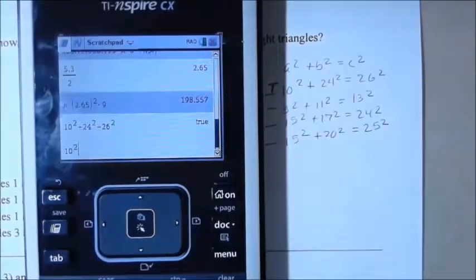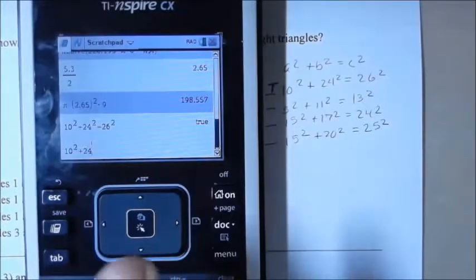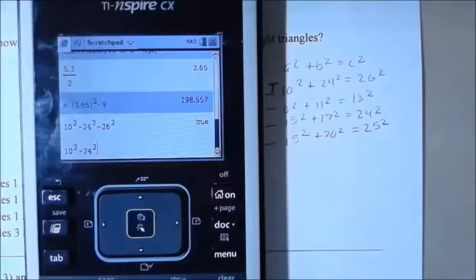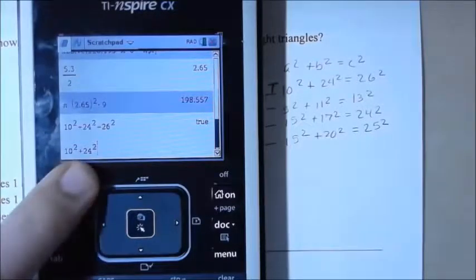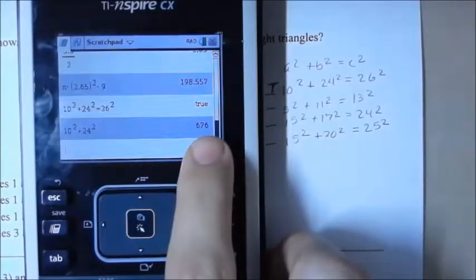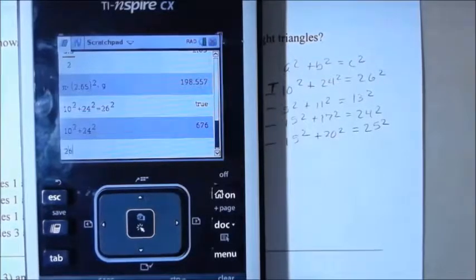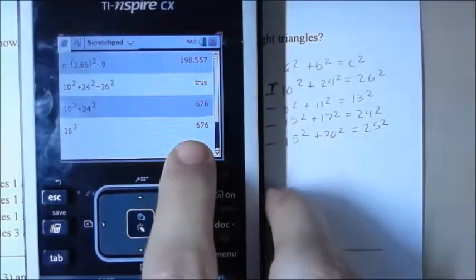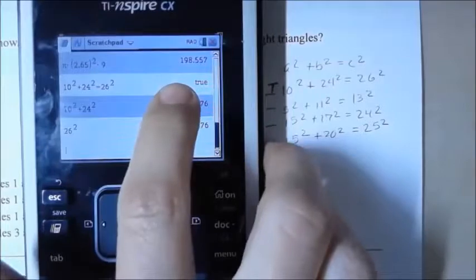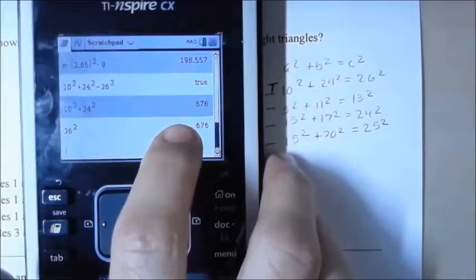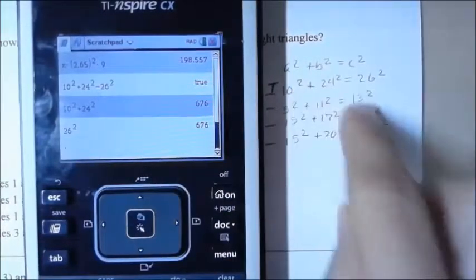And for those of you who may have forgotten this and wonder what I mean, let's break it up. If I do my legs just A and B and hit enter, it equals 676. And if I do 26 squared and hit enter, it equals 676. So 676 is equal to 676. That means this is a right triangle.